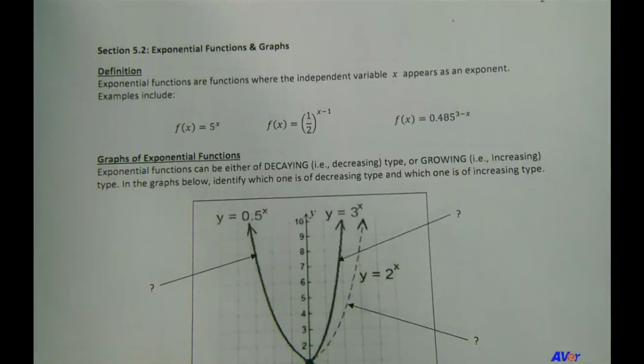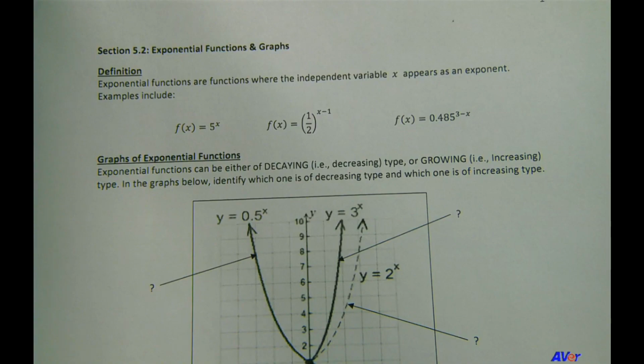Having said that, what are exponential functions and why do we call them exponential functions? So far, I'm sure you've noticed that all the x variables or independent variables that we've been solving for were on the same level as the dependent variable. In other words, y or f of x, these were at the same level. But with exponential functions, the independent variable, which is usually x, appears as an exponent.